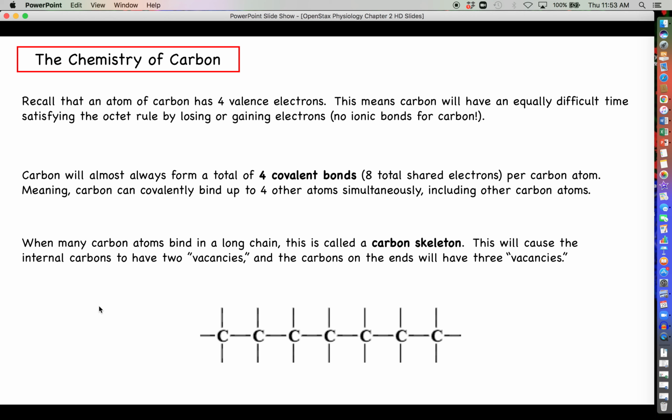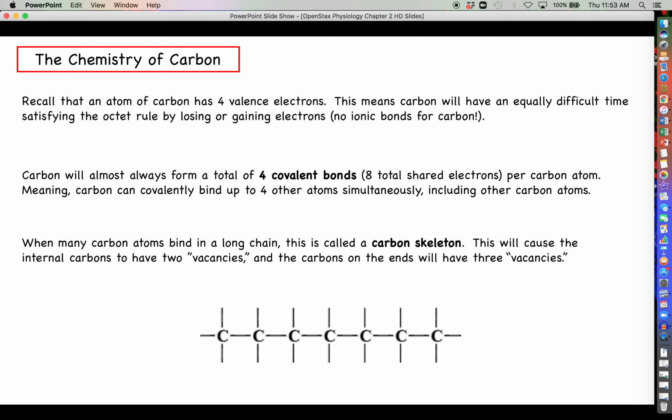In this case, we can see we've got 7 carbon atoms chained together with covalent bonds, and each carbon atom is also going to form an extra 3 covalent bonds if it's on the outside, or 2 if it's on the inside, because these inside ones have 2 covalent bonds with other carbons.